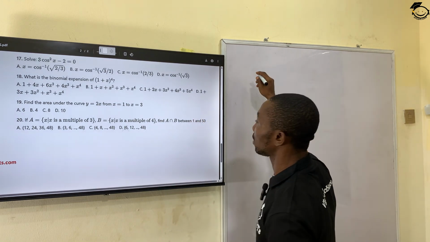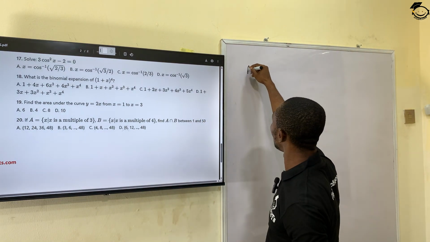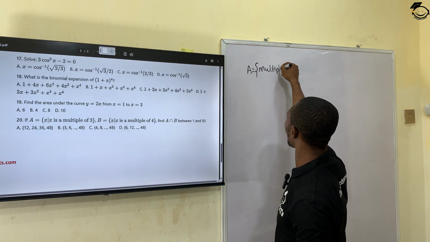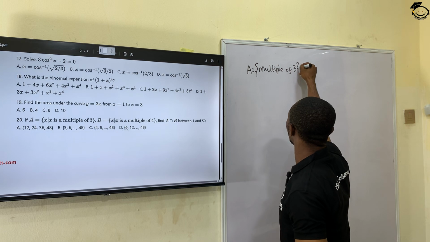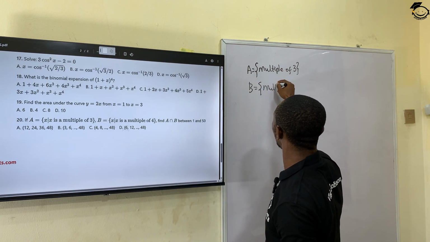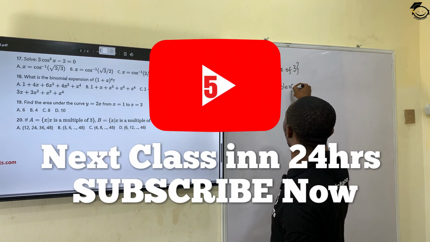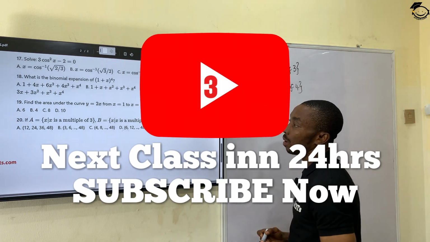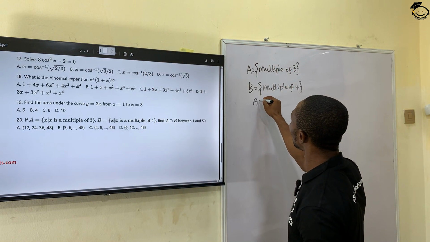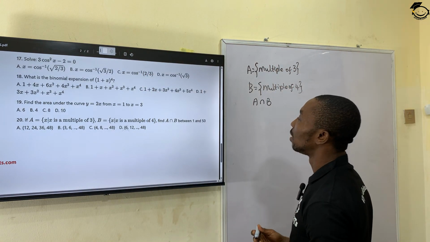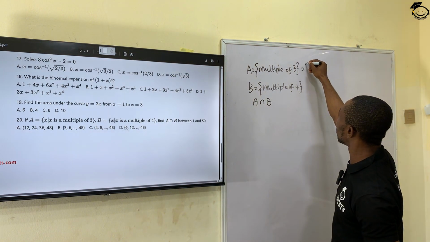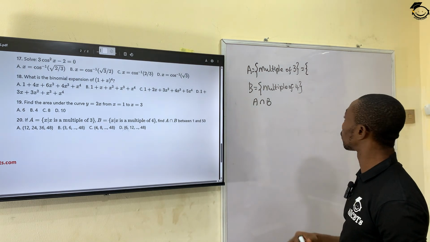If A is a multiple of 3 and B is a multiple of 4, find A intersection B, between 1 and 50. Now we are going to list out all the multiples of 3 between 1 and 50.